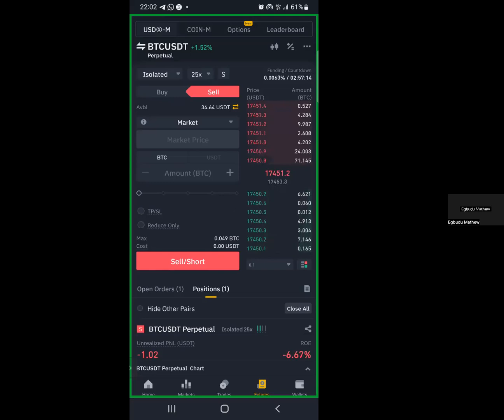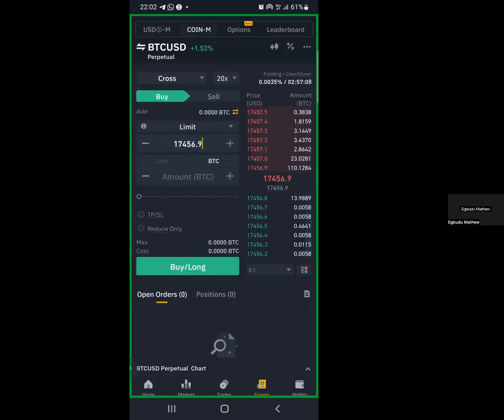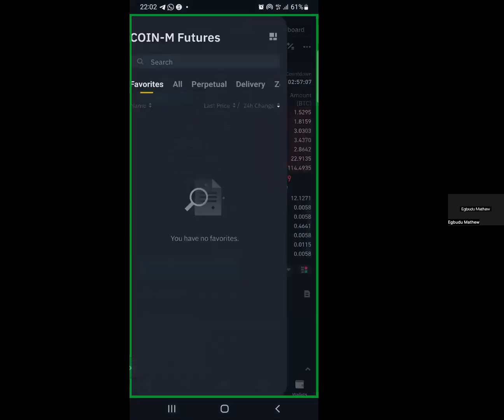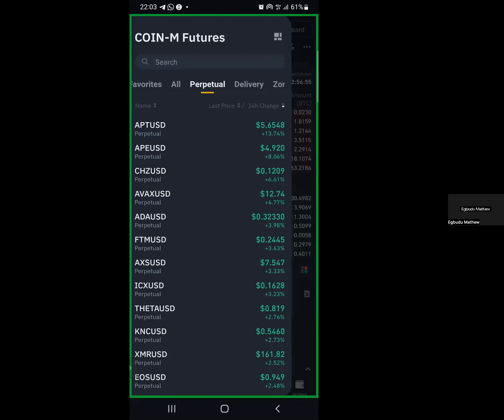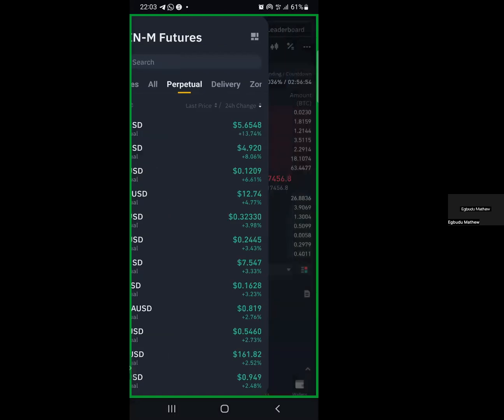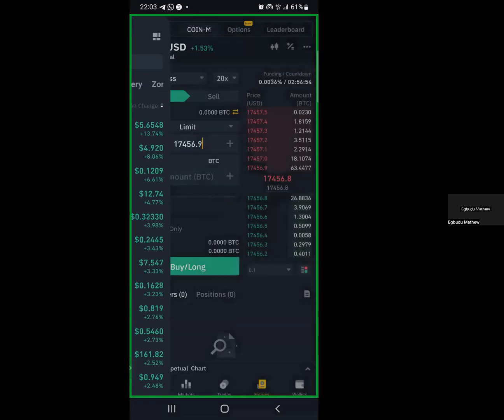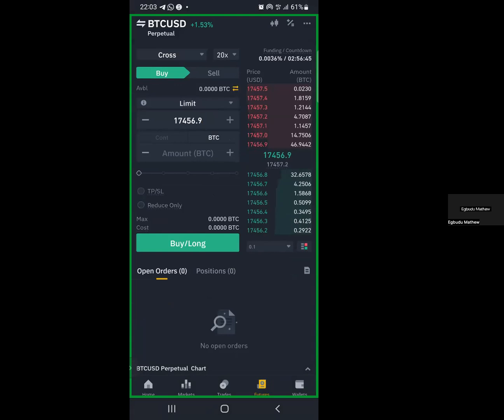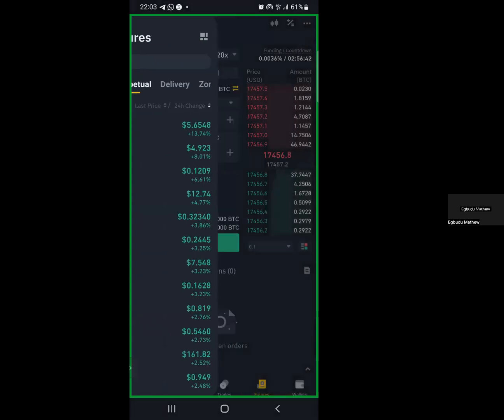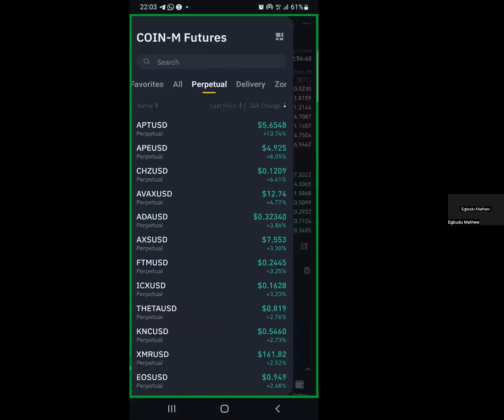Now, the Coin M futures, it's a combination of BTC and other pairs. What else again for this? Okay.